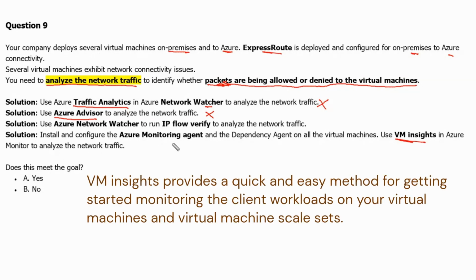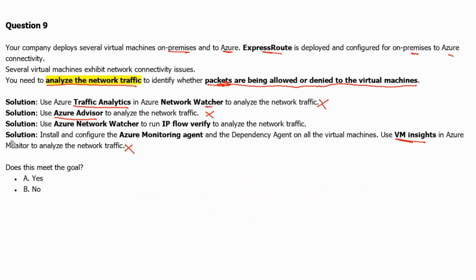VM Insights provide a quick and easy method for getting started monitoring the client workloads on your virtual machines and virtual machine scale sets. It will help us to monitor the workload on the virtual machine, not the traffic of the virtual machine. Therefore, this is also the incorrect option for us.